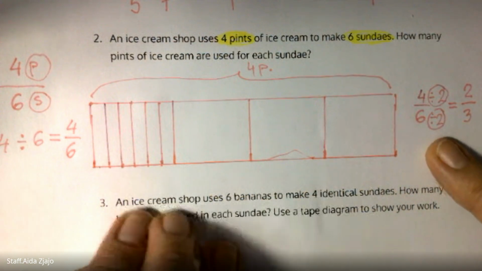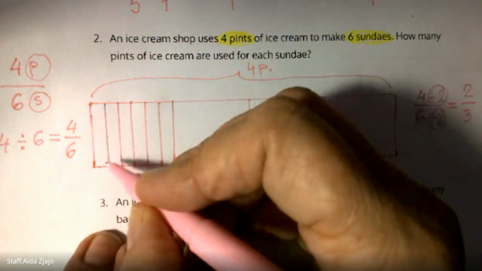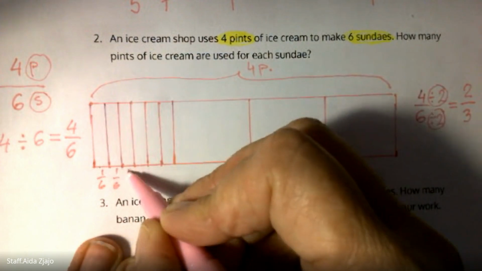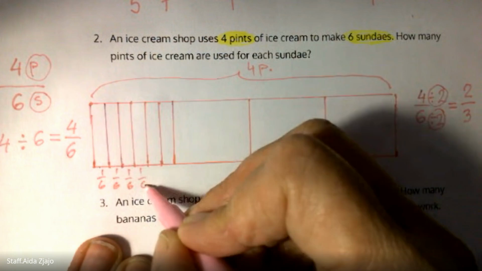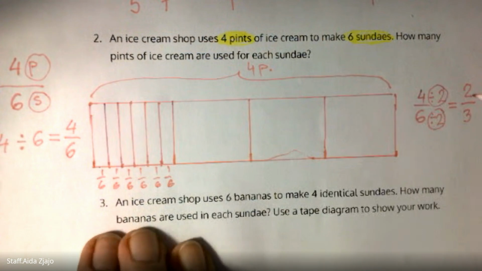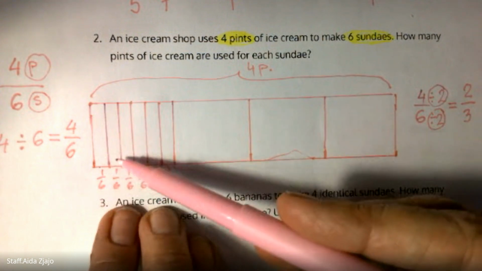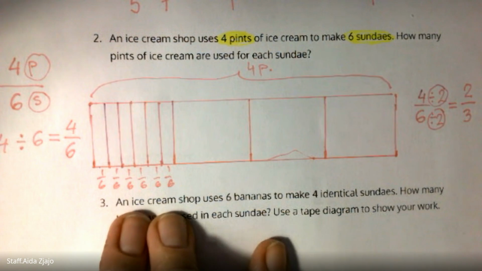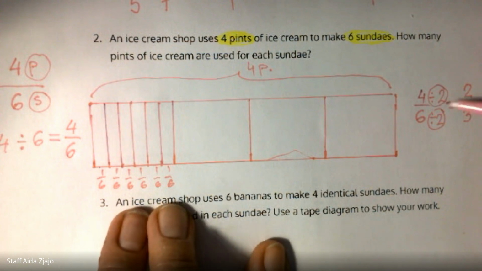So if I combine, these are my 1/6 now. If I think 1/6, 1/6, 1/6, 1/6, 1/6, 1/6, and I combine 2/6, I will get 1/3. But my portion is 2/3. So my sundae will need to have 4/6.